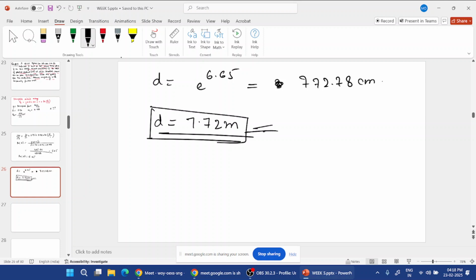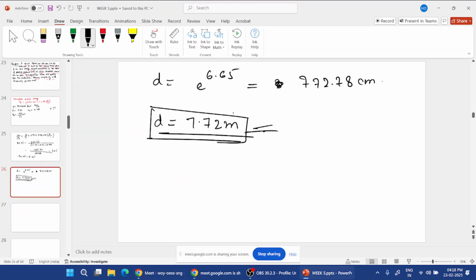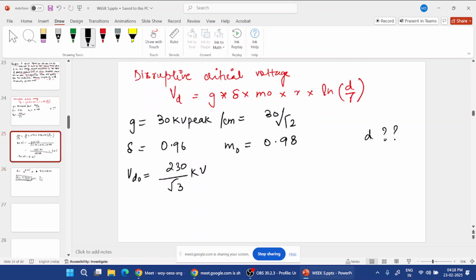This is how we are going to solve it. The steps you should take are correct.